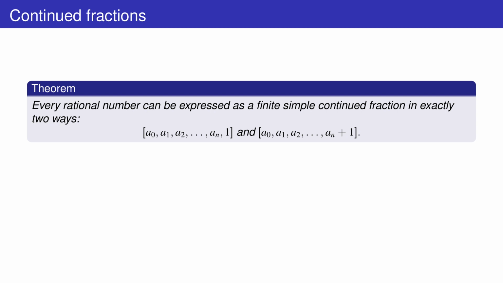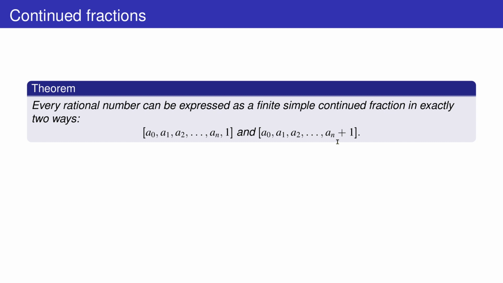Well, it may not be such a surprise that a finite continued fraction will give rise to a rational number. It's also not so difficult to see that a rational number will always have a finite simple continued fraction representation. Actually, in two ways, and exactly two ways. One of which ends in a 1, and the other doesn't.